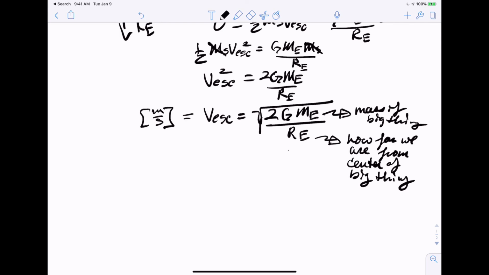Then on the left-hand side, you end up with units of meters per second. It is quite common in space exploration and in astrophysics to use kilometers per second. So be mindful of that when you're looking at UT homework problems. Make sure the units are right. But there's the equation. You could have looked it up, but I wanted to show you a derivation of where it came from. So now you can actually do your homework.